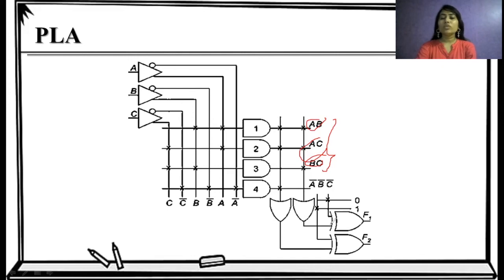BC. Now as we implement this logical function, basically F1 dash, either both the functions should be F1 dash, F2 dash or F1, F2 in normal form. Here we produce F1 dash and F2 dash. Both the terms are in a complemented form. So here we make a connection of the output of this OR gate and here we make a connection for 0.